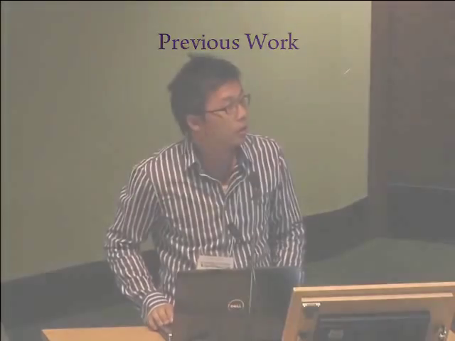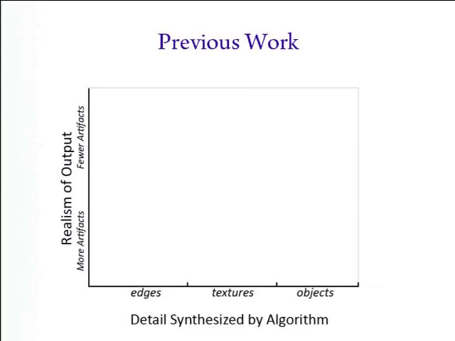Now let's take a brief look at some of the previous work and see how people have been trying to tackle this hard problem. We argue that there are three aspects governing the quality of a single image super resolution algorithm. The first one is faithfulness, which is not in the plot, because this is basically capturing the image formation model, and this is relatively easy to satisfy by most algorithms nowadays.